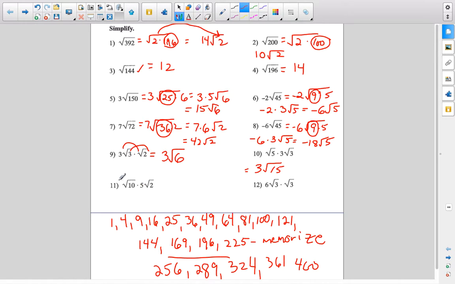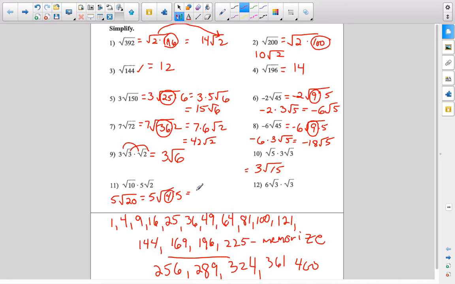Okay, outside times outside gives us a 5. Inside times inside is 10 times 2, or 20. Okay, that one can be simplified because 20 is 4 times 5. So I'm going to circle my 4. And the square root of 4, remember, is 2.